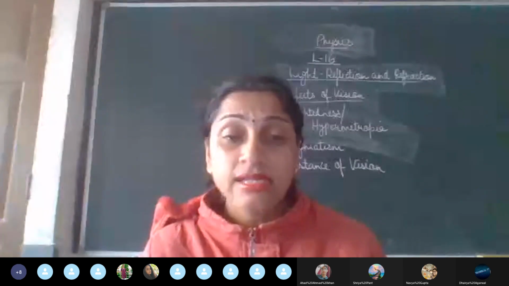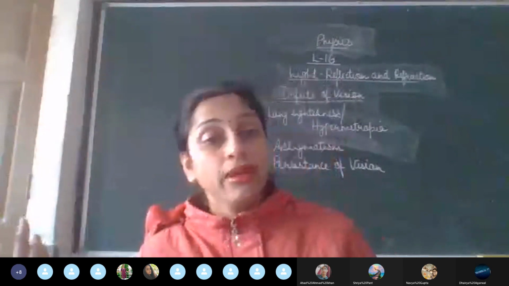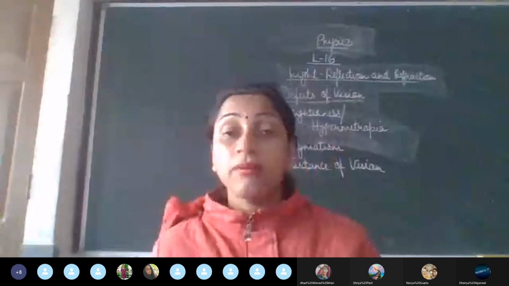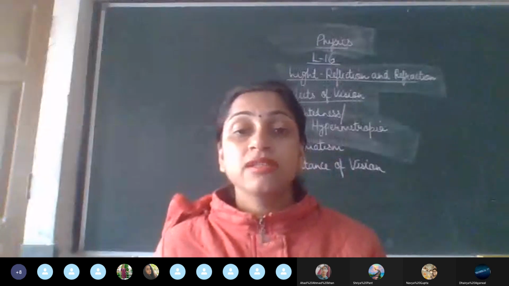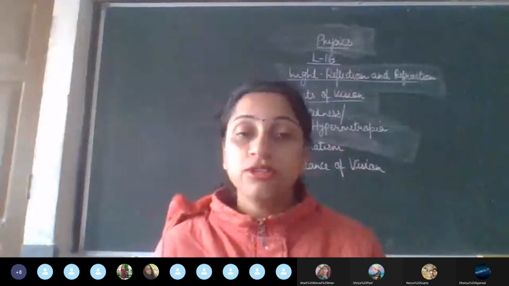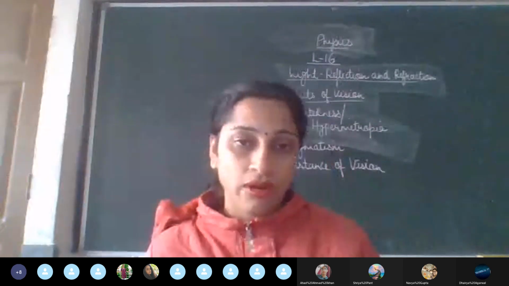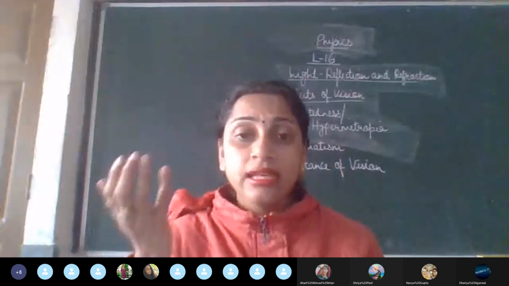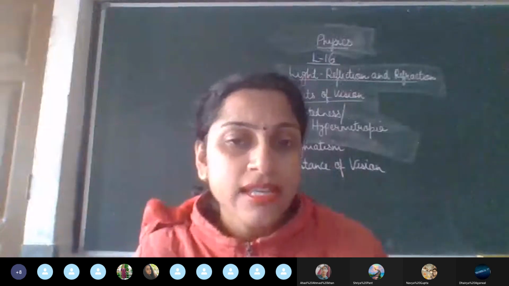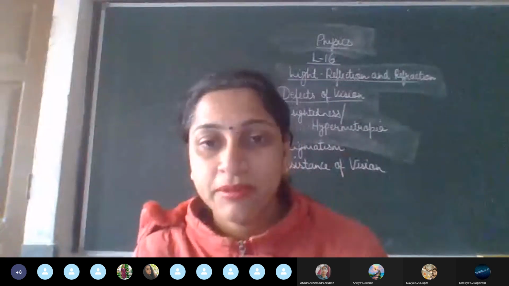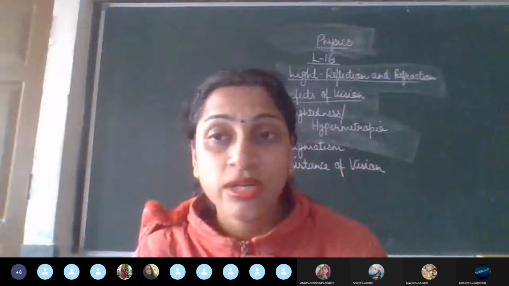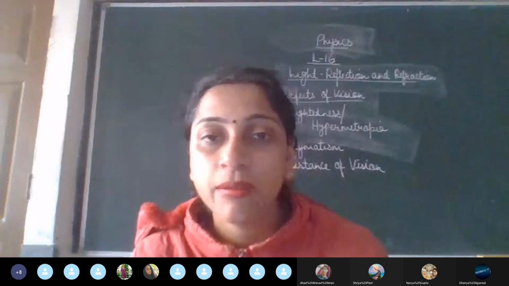of aging. Now see, as we grow up, there are multiple problems that occur in our body, and many of the time it is because of the improper functioning or the non-functioning of the body organs. The same way, now you see that the lens that is present. Okay, what is the lens made up of? Something that we have done in previous classes. What is our eye lens made up of?